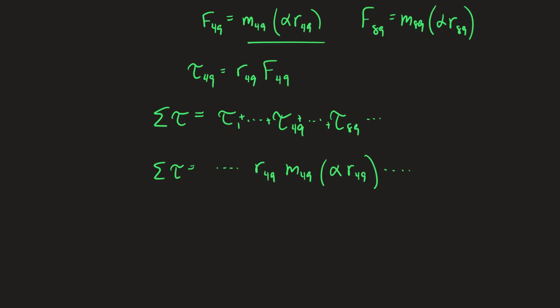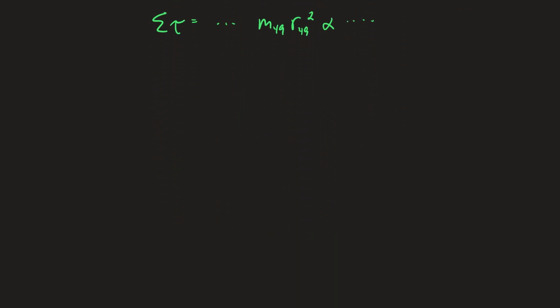Now, a little bit of algebra would show you this, correct? Does it take much to realize that there's an alpha in all of these? So I could write this like that.